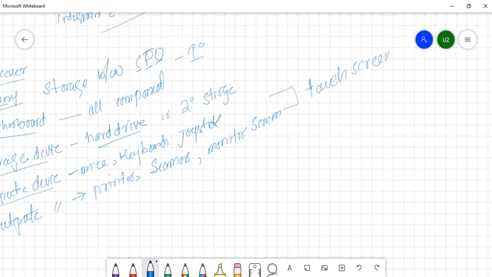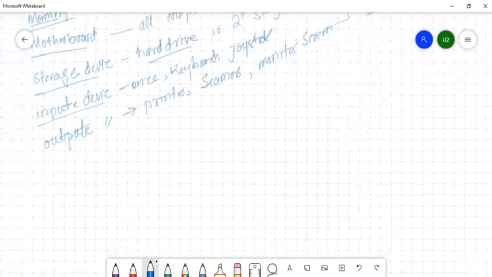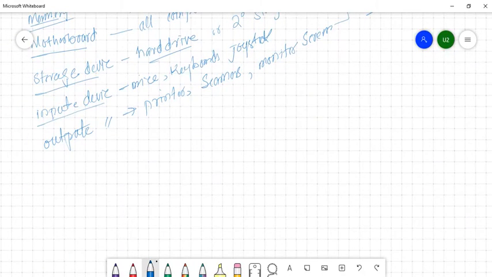It can be input or output, as I am doing now because of the touch screen. It also produces output, and I'm also giving it instructions, like I'm writing.